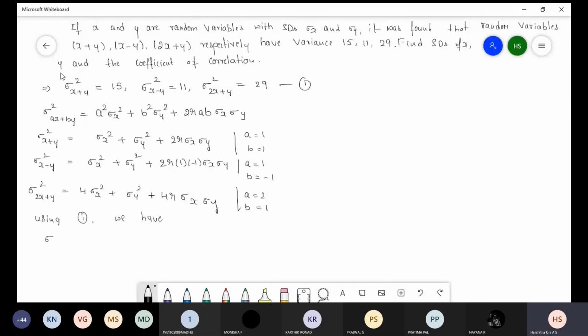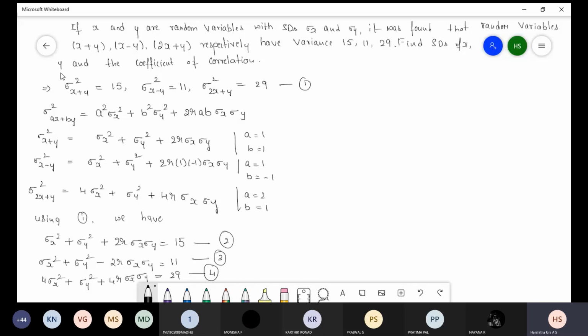Sigma x square plus sigma y square plus 2r into sigma x into sigma y is equal to 15. Next, sigma x square plus sigma y square minus 2r sigma x into sigma y is equal to sigma x minus y square, which is 11. Last one, 4 sigma x square plus sigma y square plus 4 into r into sigma x into sigma y is equal to 29. I call this one equation 2, this one 3 and this one 4.